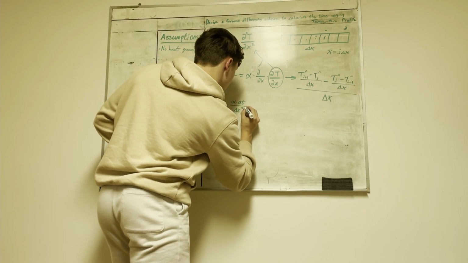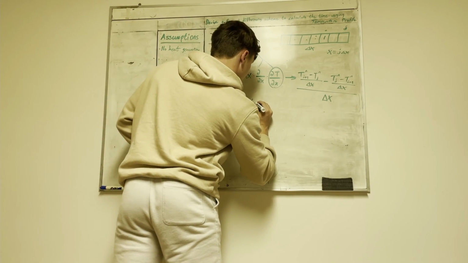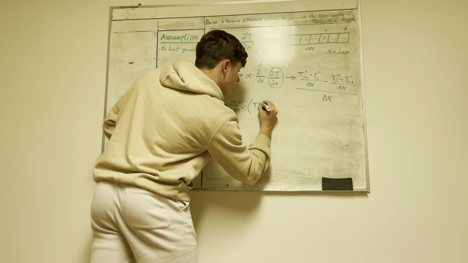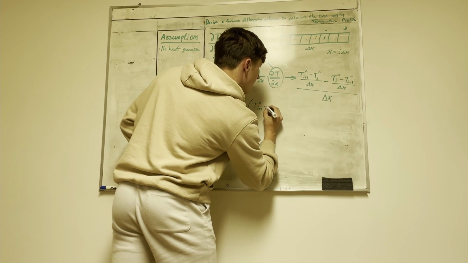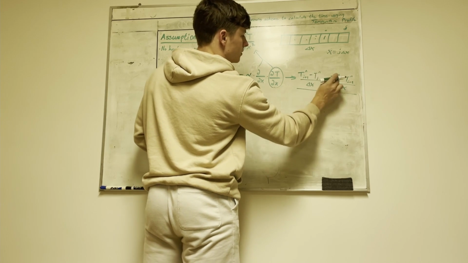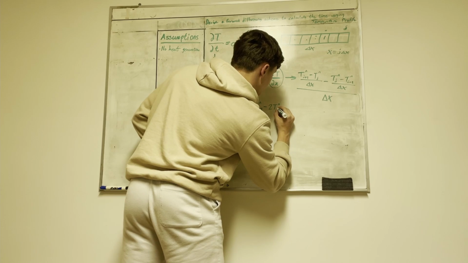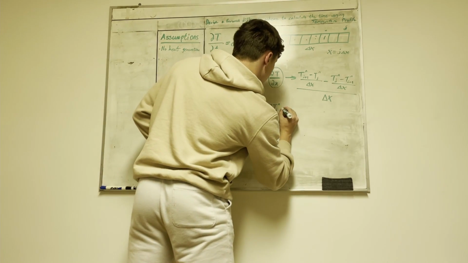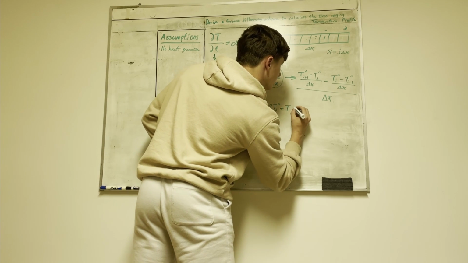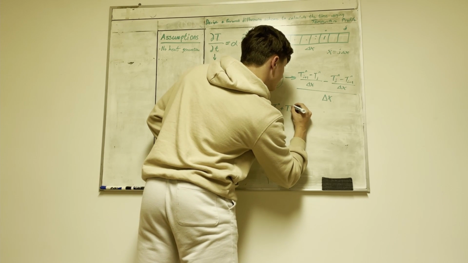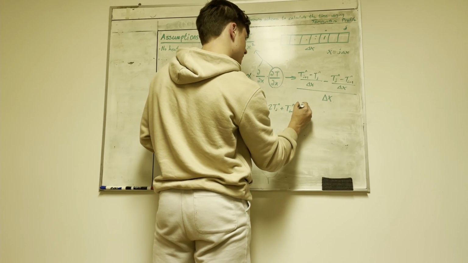Delta x squared, times our temperature at time n at some position to the right, minus 2, because there's 2 of them, times the temperature at some position j at some time n. And then minus minus would be a positive, so then plus the temperature at some time n, but to the left of the specified node.